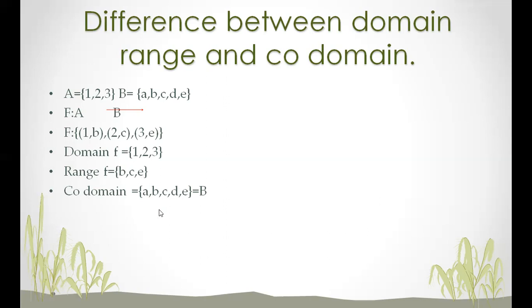And the codomain is the set in which the images may lie. In the codomain we write all the elements of our second set. So A is the domain, B is the codomain, and the range may in some cases be equal to B, but not in all cases.